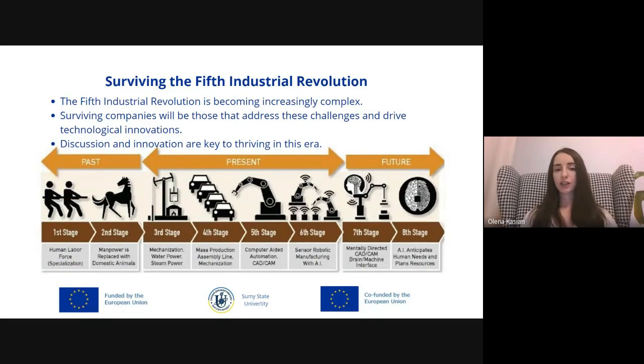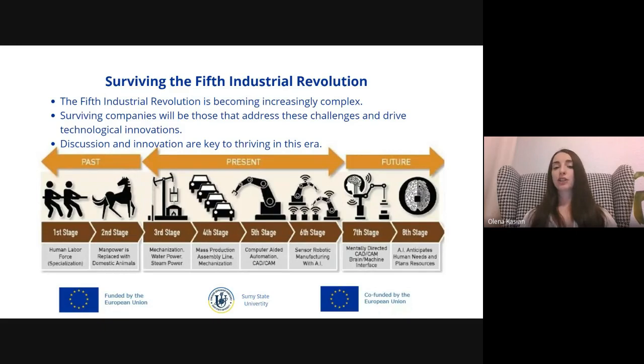Then machinization, then mass production, computer aided. And right now we are on the 6th stage. Some of the countries that are more well developed could be on the 5th, 6th, or 7th stage, even on the 8th one.